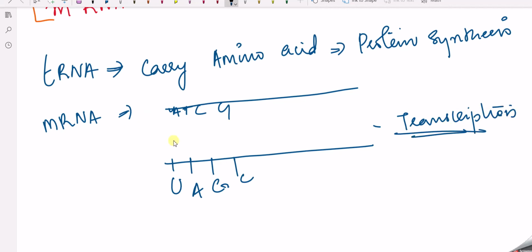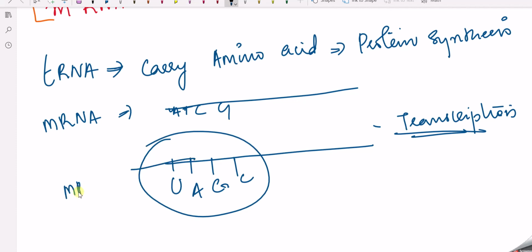The product you get for protein synthesis is called mRNA or messenger RNA. The RNA produced from the DNA for protein synthesis is the messenger RNA, and that process is called transcription, which you will study in detail next year. Understand the types of RNA?